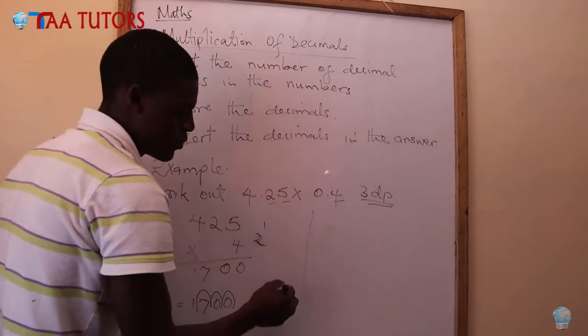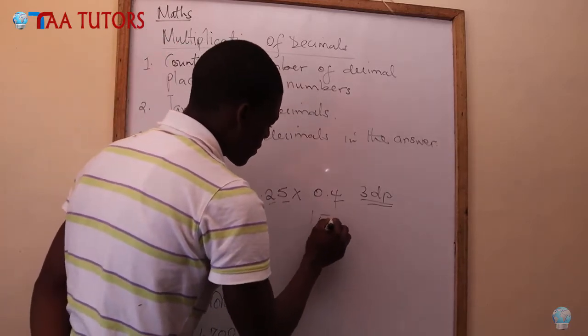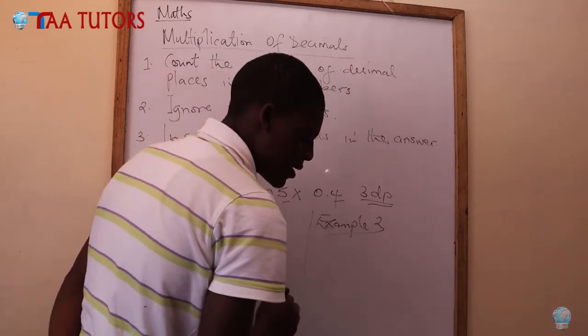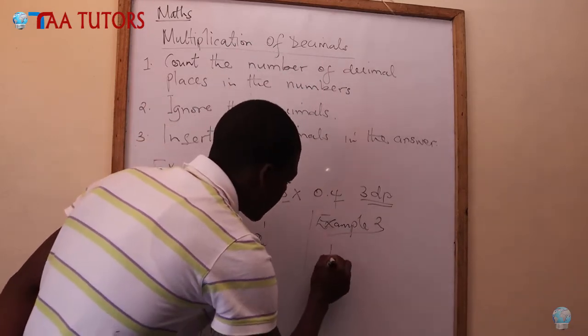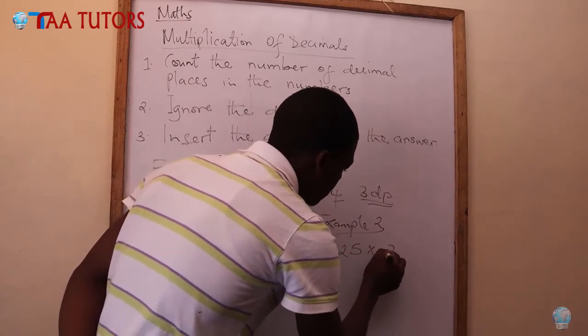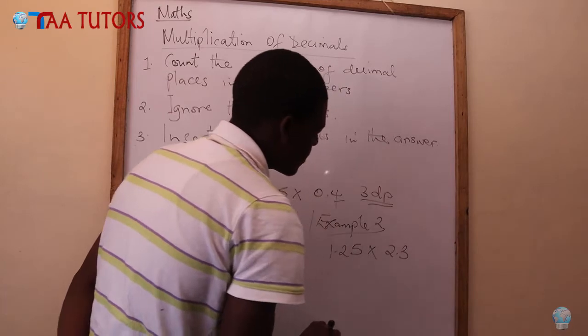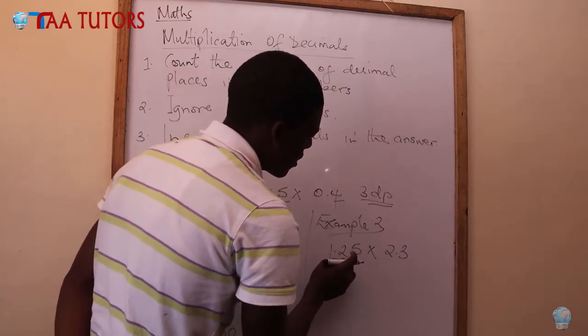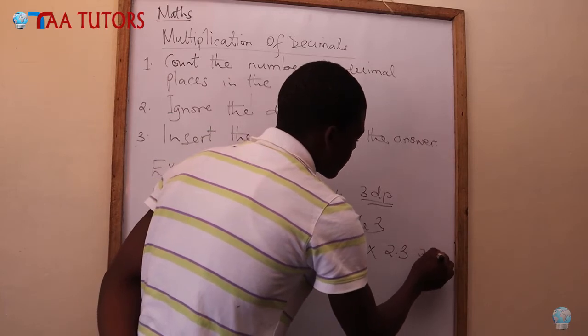Maybe example 2. Example 2, we are multiplying 1.25 by 2.3. Back to the first step, we count the number of decimal places, 1, 2, 3. We have 3 decimal places.